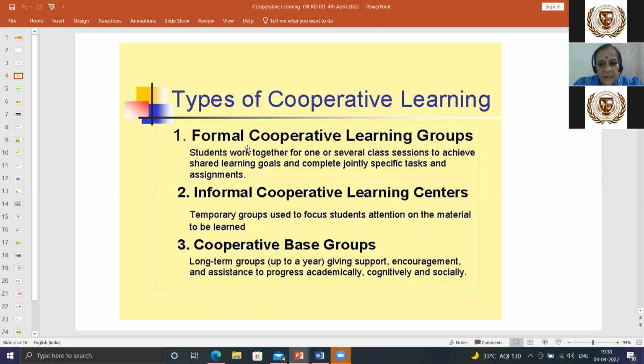Informal cooperative learning groups are temporary groups used to focus students' attention on the material to be learned. And cooperative base groups are long-term groups, up to one year, giving support, encouragement, and assistance to progress academically, cognitively, and socially.